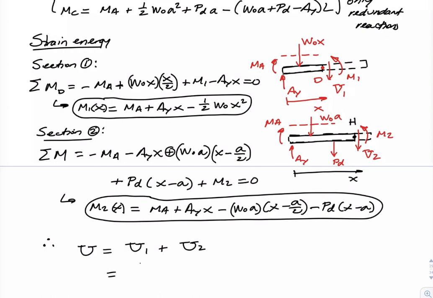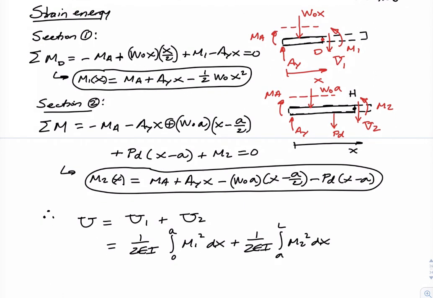So U1 is going to be 1 over 2 EI integral from 0 to A, since 1 goes from 0 to A, of M1 squared dx, and then 1 over 2 EI integral from A to L of M2 squared dx.